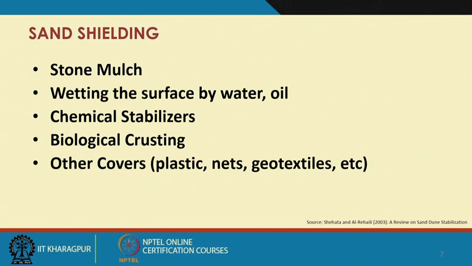So first is sand shielding. Sand shielding includes use of stone mulch, or wetting the surface with water, or in some areas where petroleum wastes are available, we can apply some oil to a limited area also, the waste product actually I am talking about.